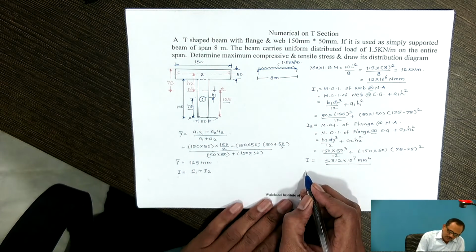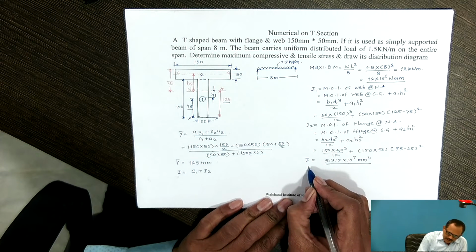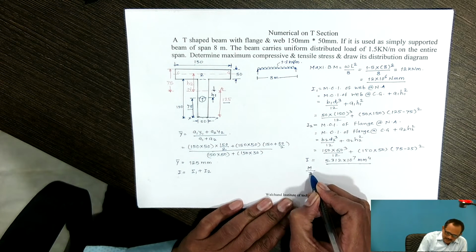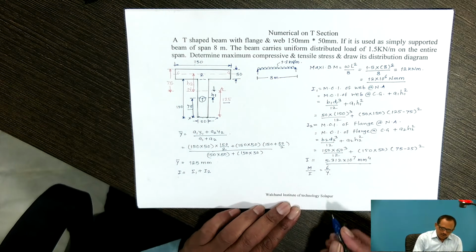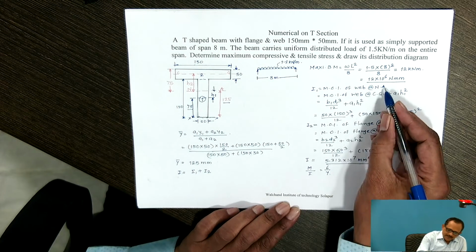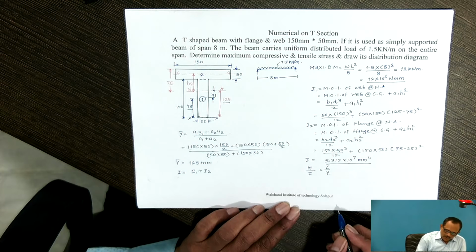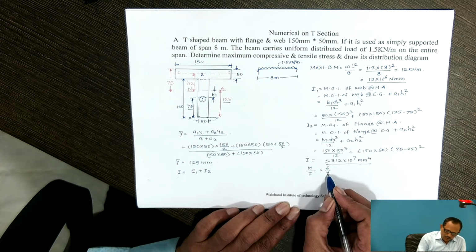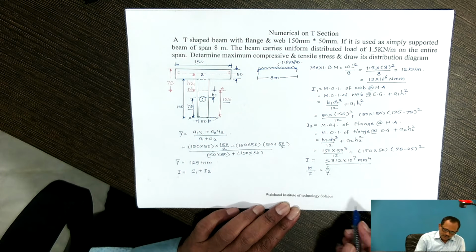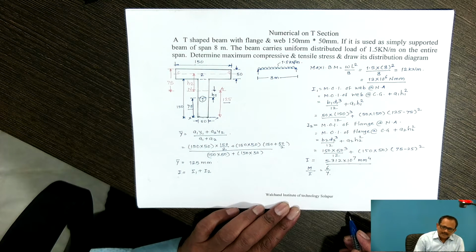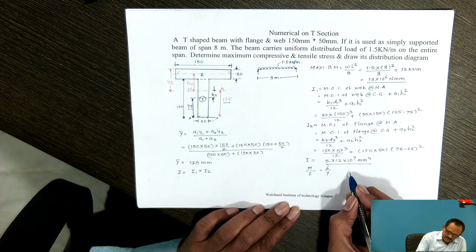Now, as we know the bending equation, M by I is equal to sigma by y. So you have calculated the maximum bending moment, you know the moment of inertia, you know the distance of the topmost layer and bottommost layer. So from this equation we can calculate the maximum compressive bending stress and maximum tensile bending stress.